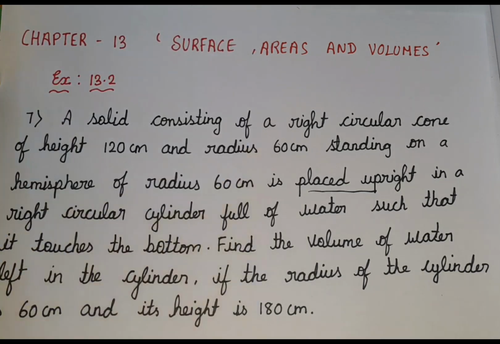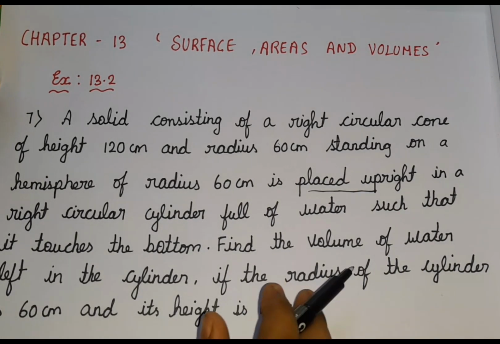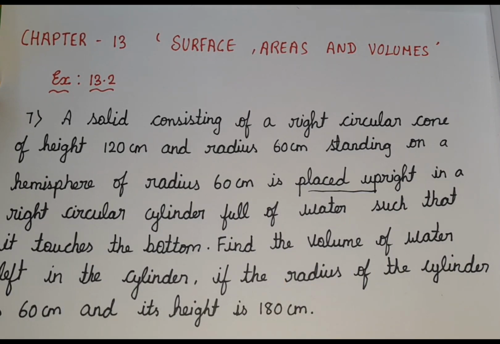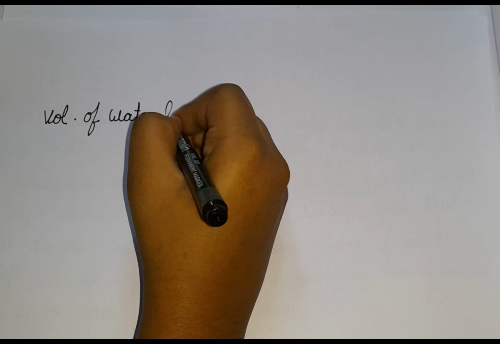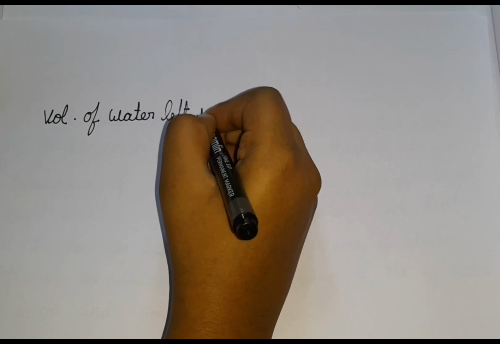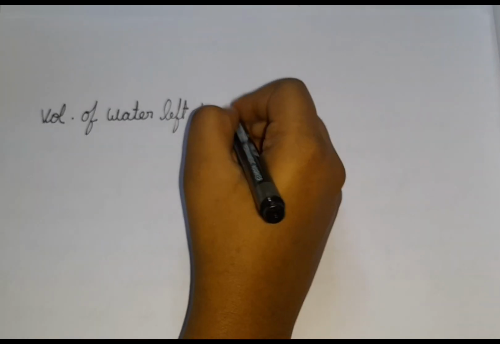Okay, now let us write that. Since we are supposed to find the volume of water left in the cylinder, let's write: volume of water left in the cylinder.